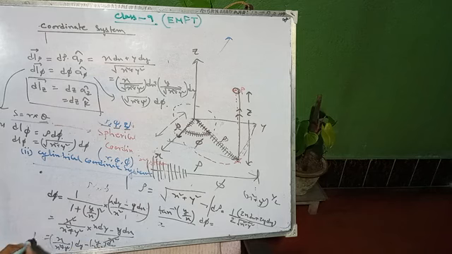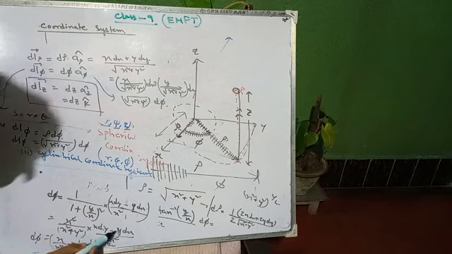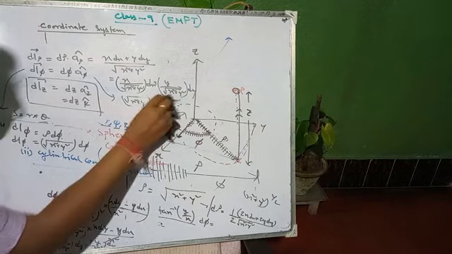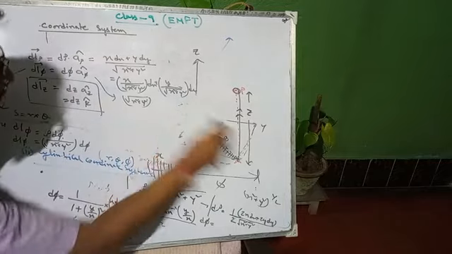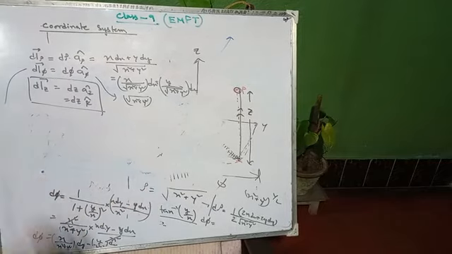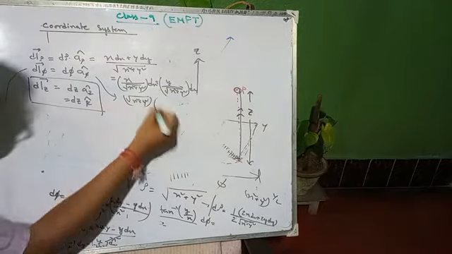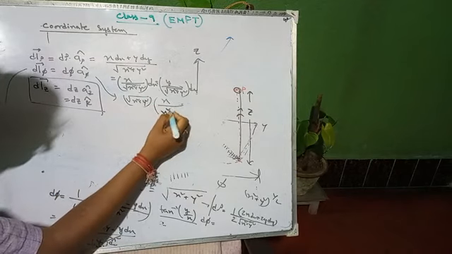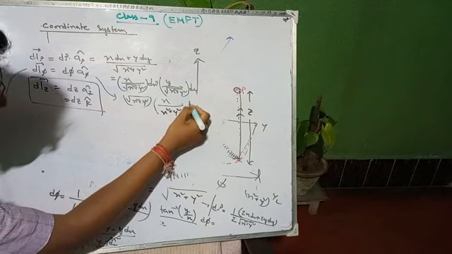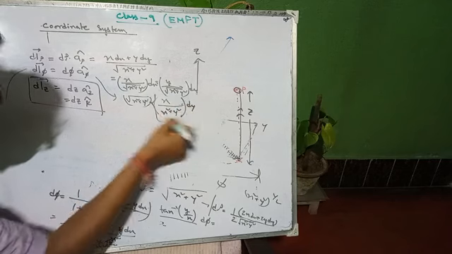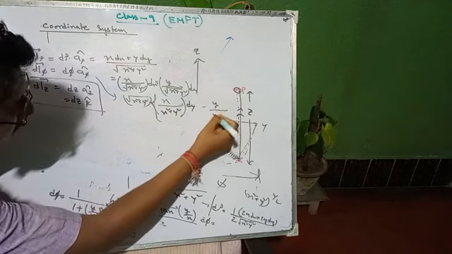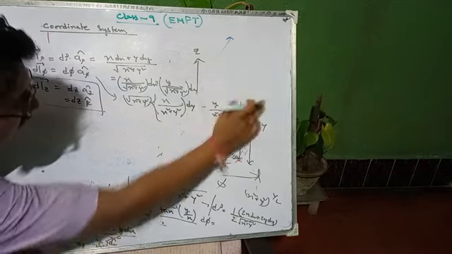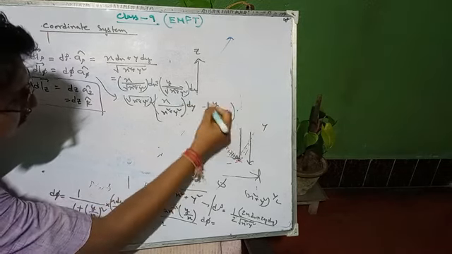Okay, so d phi means what? x by x square plus y square dy minus y by x square plus y square dx. Okay, so here you have to put this d phi. So what will be the final concept? Your final concept will be d phi, x by x square plus y square into dy and then minus y by x square plus y square dx.